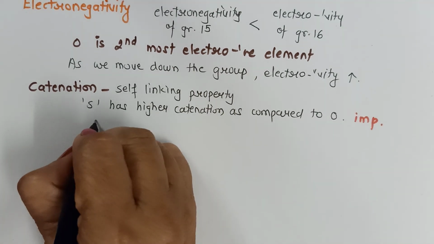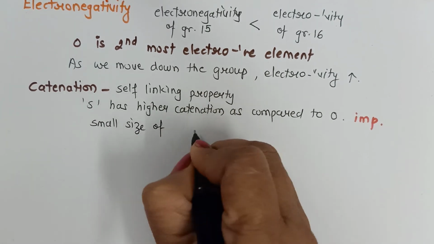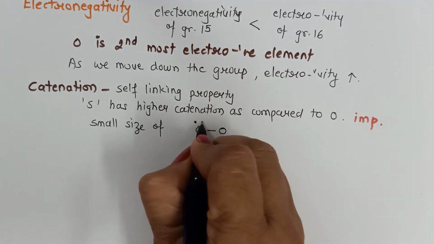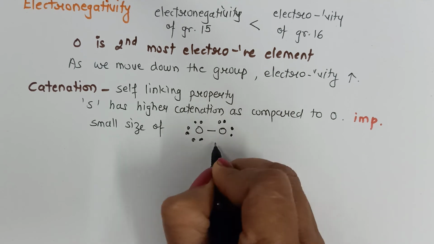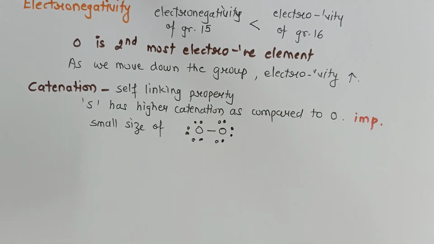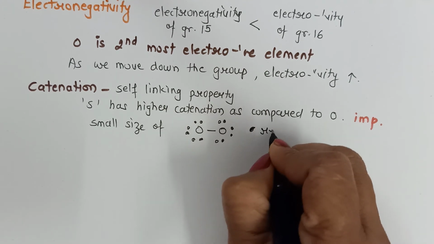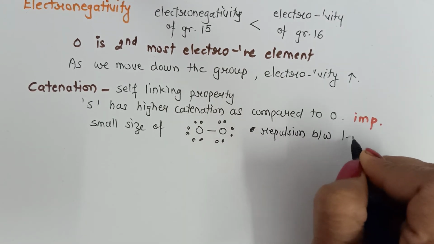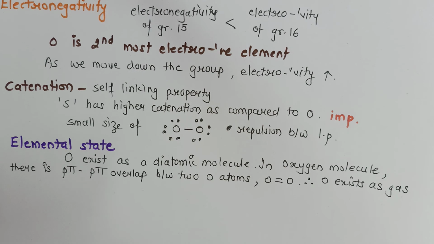This is because again of the small size of oxygen. If there is a single bond in oxygen atom, there will be total 6 lone pairs. And there will be a great repulsion between these lone pairs. And therefore the catenation tendency of sulfur is higher than that of oxygen.